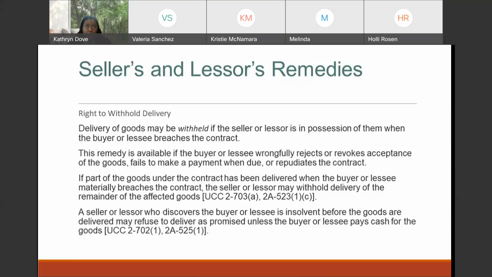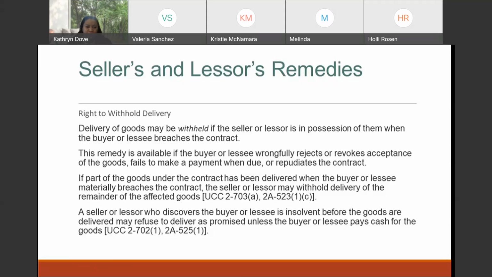And suppose the seller finds out that the buyer's business has filed bankruptcy, or there's a newspaper article showing that the buyer's business has been destroyed by a tornado. In that situation, the seller could withhold and just keep the goods if the seller is in possession of them when learning about this potential breach of contract or insolvency of the buyer's business.